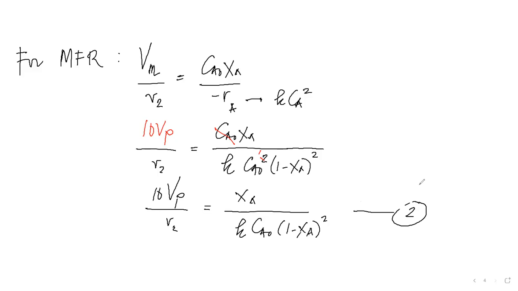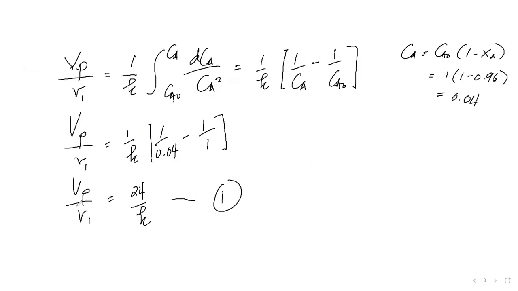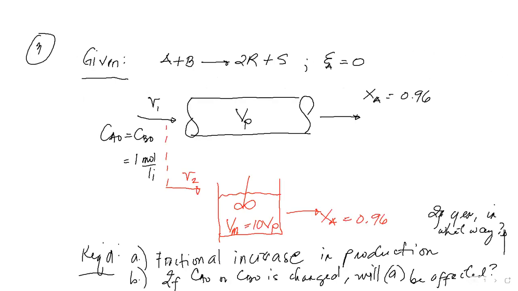If you are a student, let's say I'll place myself in your shoes, and if I'm a student and I have already written the performance equation of these two, I may think, how may I be able to answer letter A, having these two performance equations? Because so far, if you're a student, you will simply think, I need to write down the expressions for the performance equations. And letter A requires you to determine the fractional increase in production.